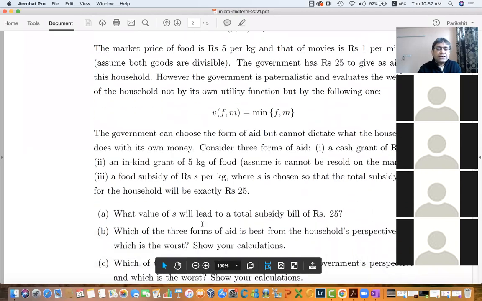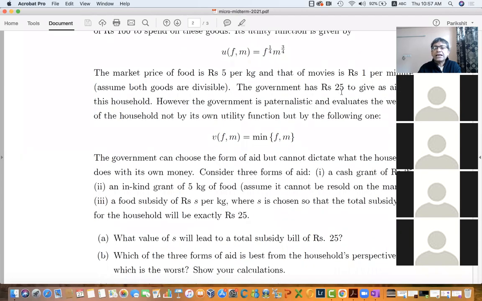And here the catch is, the very first part of the question says, what has to be the value of S so that the total subsidy bill is exactly 25 rupees, right? The amount of money which the government has to give out. So in the case of a subsidy, the subsidy rate has to be chosen so that the budget is not exceeded for the government. Okay, let's first focus on that.